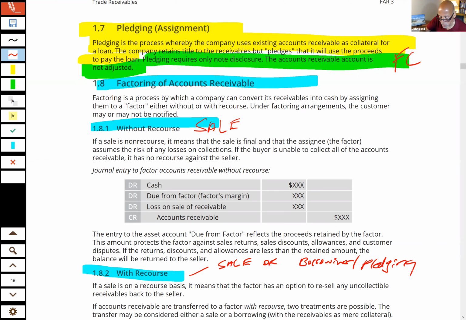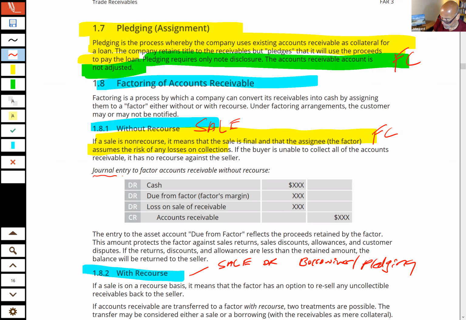Now, without recourse means it is a sale and the sale is final. And the factor, the person buying the receivable, assumes the risk of loss. So go ahead and flashcard that. The sale is final. And there's no recourse against the seller.